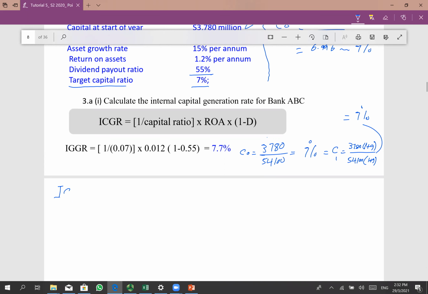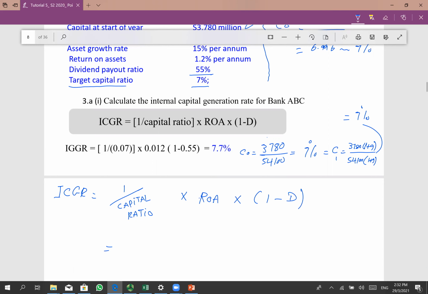The translation is actually 1 over the capital ratio at the beginning of the year, times the earning during the year over the capital, minus what you paid from that earning as tax.